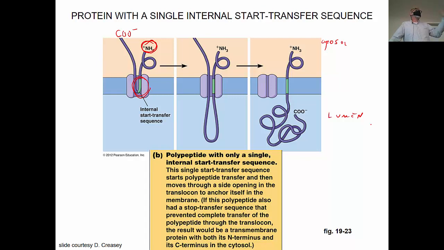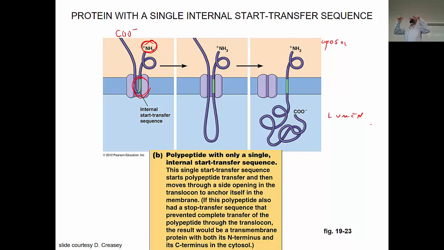So if this moves to the plasma membrane of the cell itself, the N-terminus will be inside the cell, and the C-terminus in that example will be where? Outside the cell, exactly. But we can arrange it the other way because some proteins need to function with the C-terminus inside the cell and the N-terminus outside.